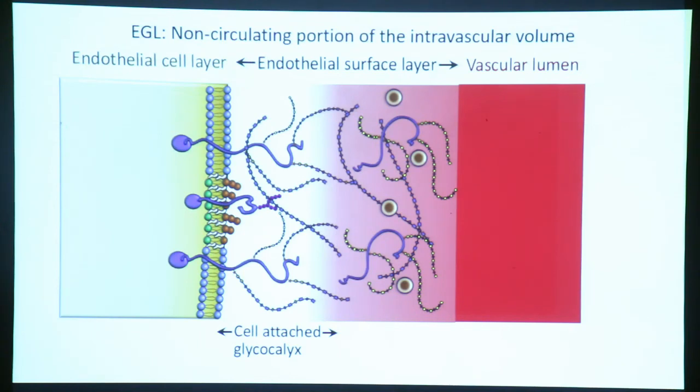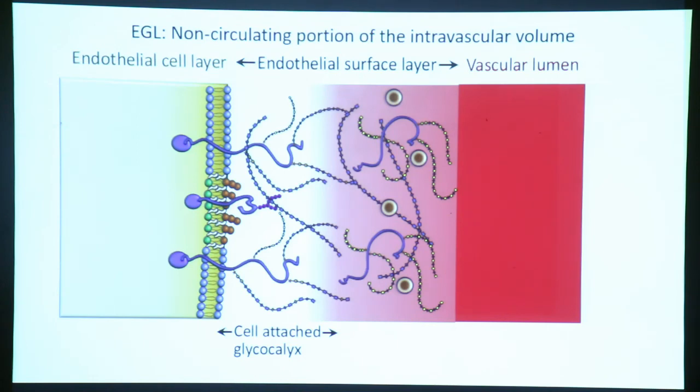This contributes to the viscosity of the blood, and plasma proteins, specifically albumin, are absorbed into this part of the glycocalyx. It is this soluble portion along with the plasma proteins or albumin which forms a gel-like structure on top of the hairs.